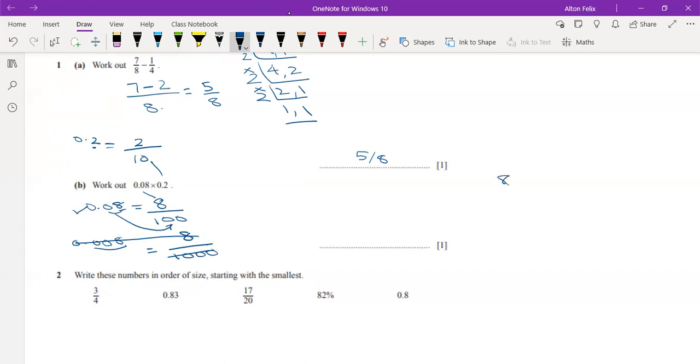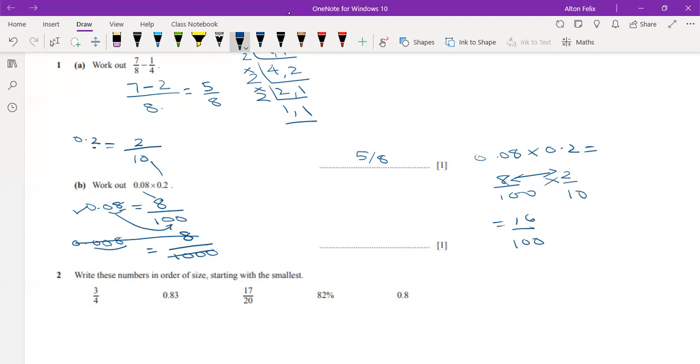So 8 over 100 multiplied by 2 over 10. 0.08 multiplied by 0.2 is the same as, here we're going to multiply numerators together. 8 multiplied by 2, 16. 100 multiplied by 10, 1000.